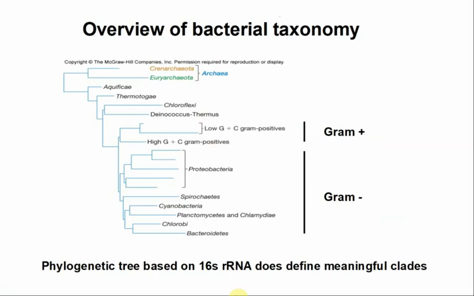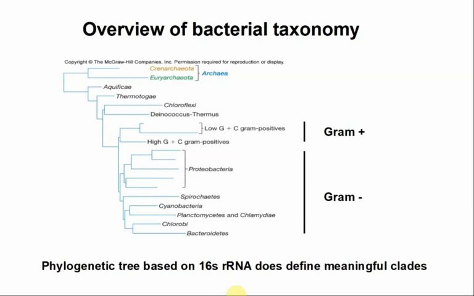And what is quite reassuring is that it kind of makes sense, okay? Because you've got all the gram-negatives grouping together in a clade, and you've got the classical gram-positives grouping together in a clade here. The high GC gram-positives and the low GC gram-positives. So these are two sister groups, okay? Gram-positive, gram-negative.